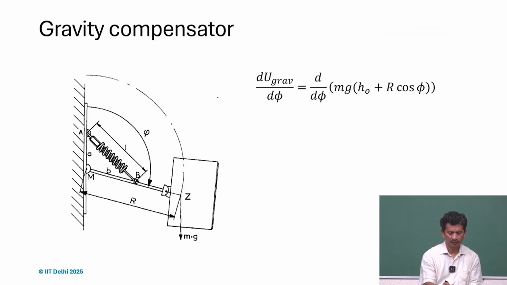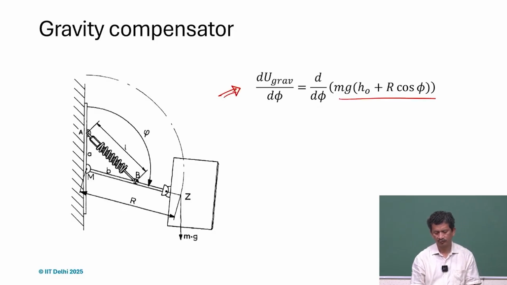Similarly, for the gravity term, we take the derivative of the potential energy because of gravity, mgh. So h can be written in terms of h naught plus r cos phi.